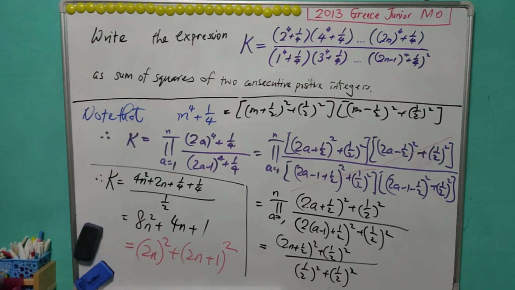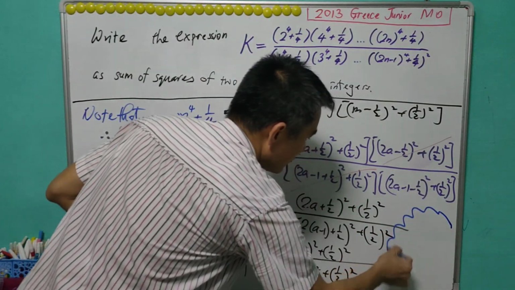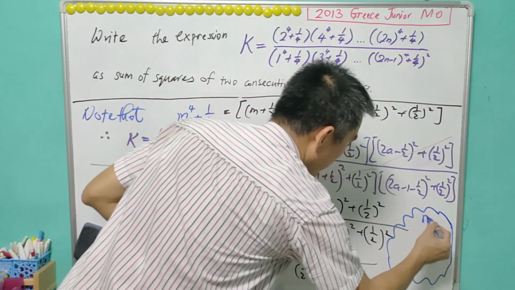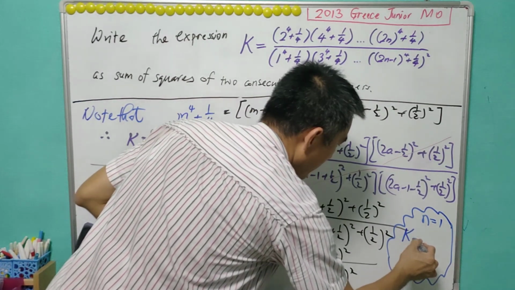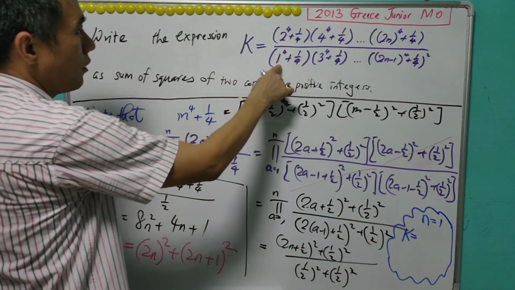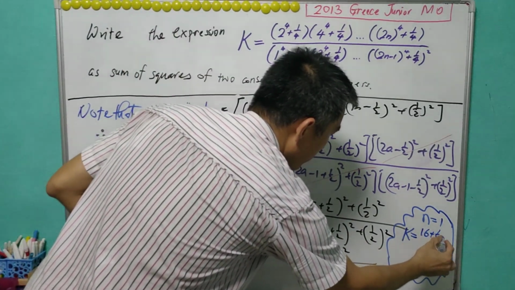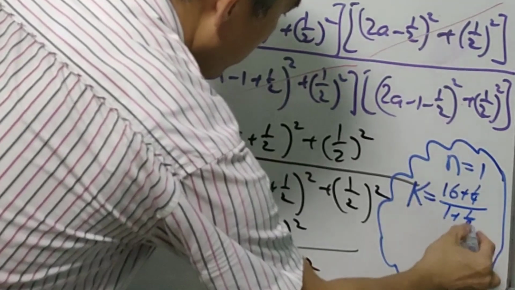That is correct. And we can do a simple check. When n equals 1, k is actually equal to (16 plus 1 over 4) over (1 plus 1 over 4).